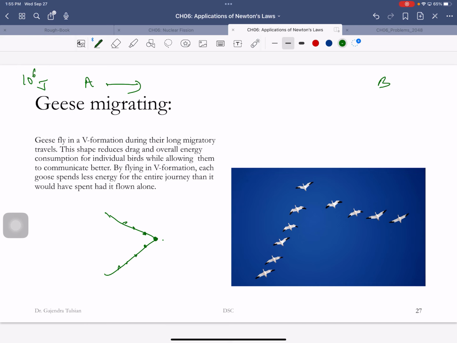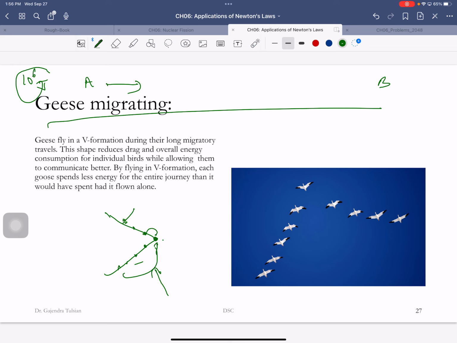But this guy is not happy. So you rotate. Everybody spends some time there. Overall, each bird would spend less energy going from A to B. And that's why you see this on cyclists as well.